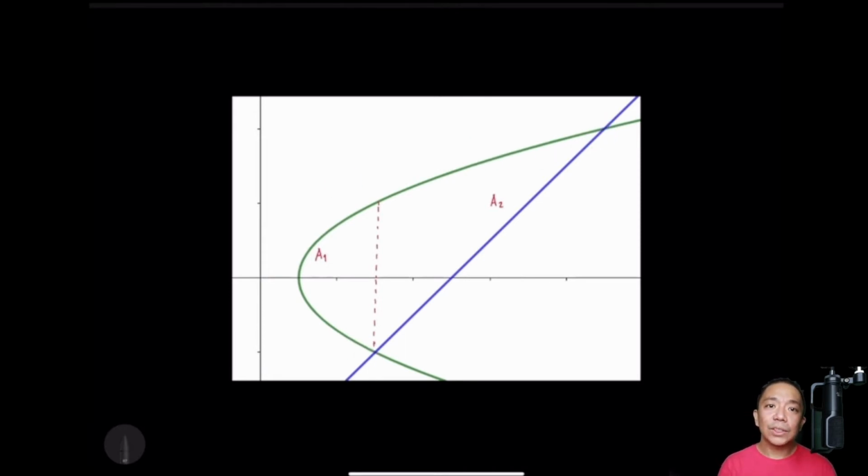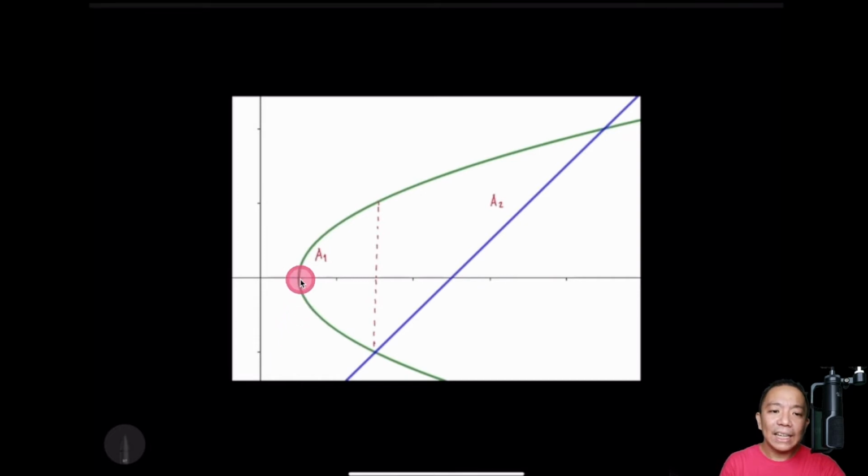Now, dun tayo sa area ni region A sub 1, which is more problematic. Kasi yung region na gusto nating i-capture is bounded by the equation, which is not a function, na y squared equals 2x minus 2 on top and at the bottom.